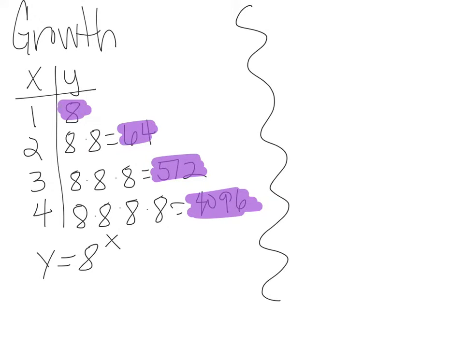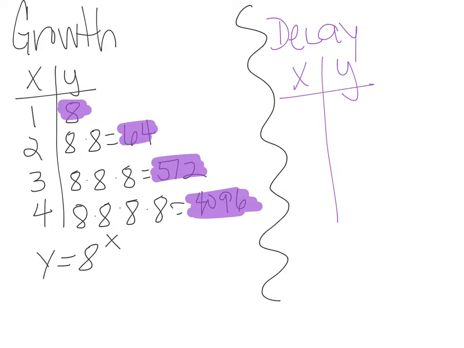Alright, let's talk about decay, because it's a little different. With growth, the values increase. With decay, they're actually going to decrease. And let's say you gave a little cousin or someone $5, right? So on the first month, they have 20 cents. And in the second month, they have only 4 cents.